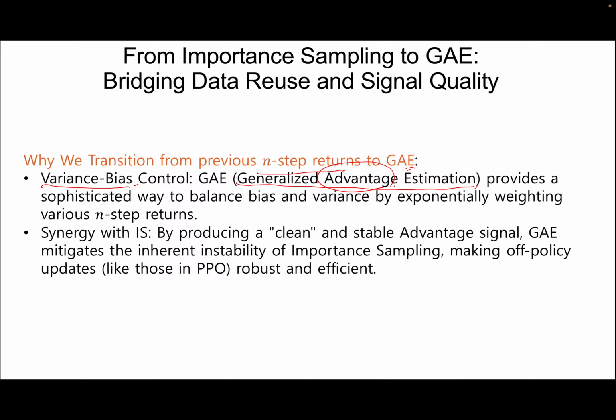We will learn the definition of GAE later, but this is the motivation. In particular, we'd like to stabilize the whole learning process. Although we introduced IS, the estimated advantage could still be very noisy and high variance. If we rely on MC or a small n-step, the variance could be very high, and that could make training very unstable. So we'd like to transition from n-step returns to GAE.